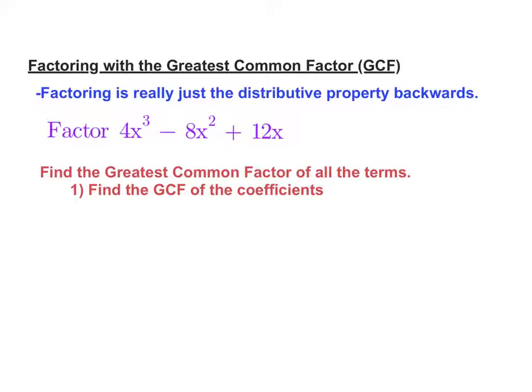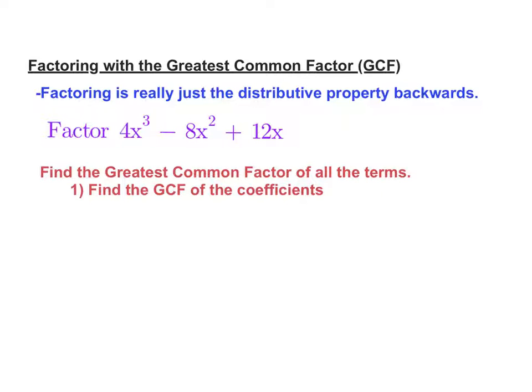Other times, you might want to break it down using a factor tree kind of system and then figure out what's in common. What's important is that when you're using greatest common factor to factor, it needs to be in common in all of the terms. We'll get into partial factoring at some other point, but if it's not in common with all of the terms, then it's not in common.